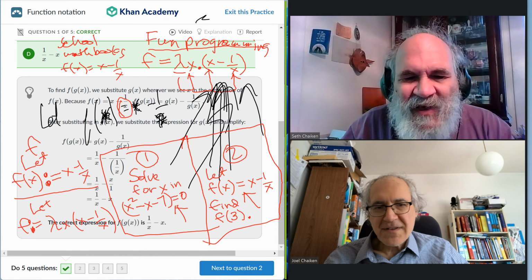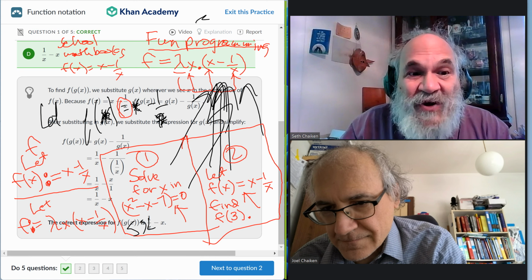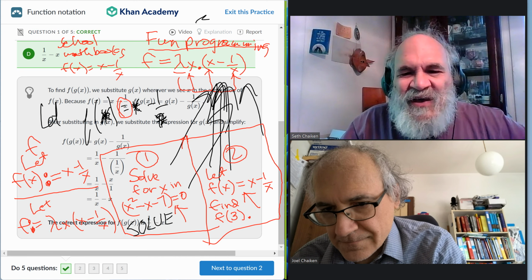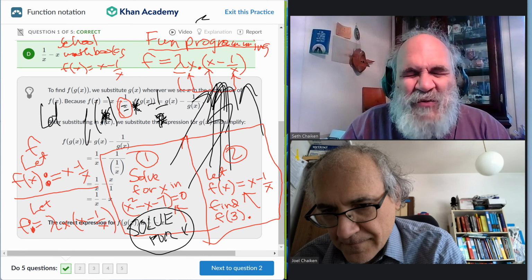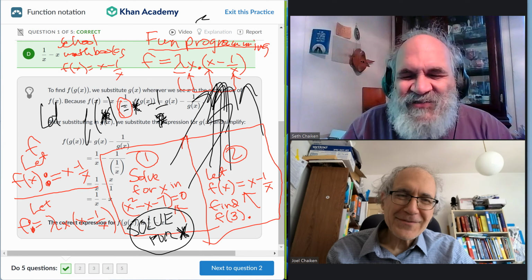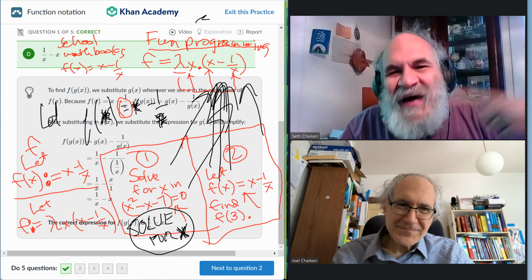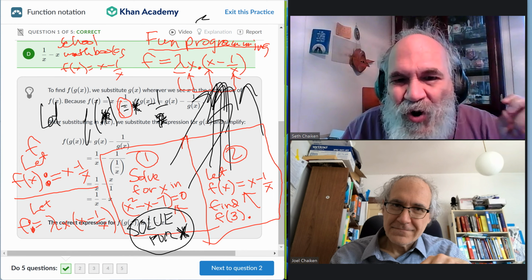The job is to find a value for x for which this equation is true. Solve for x. If you pick the wrong value of x, the equation will be false.